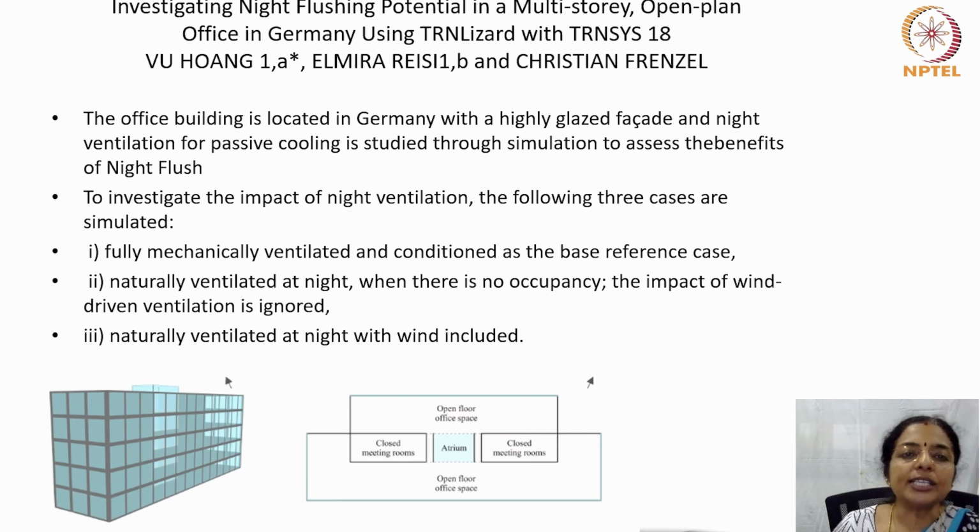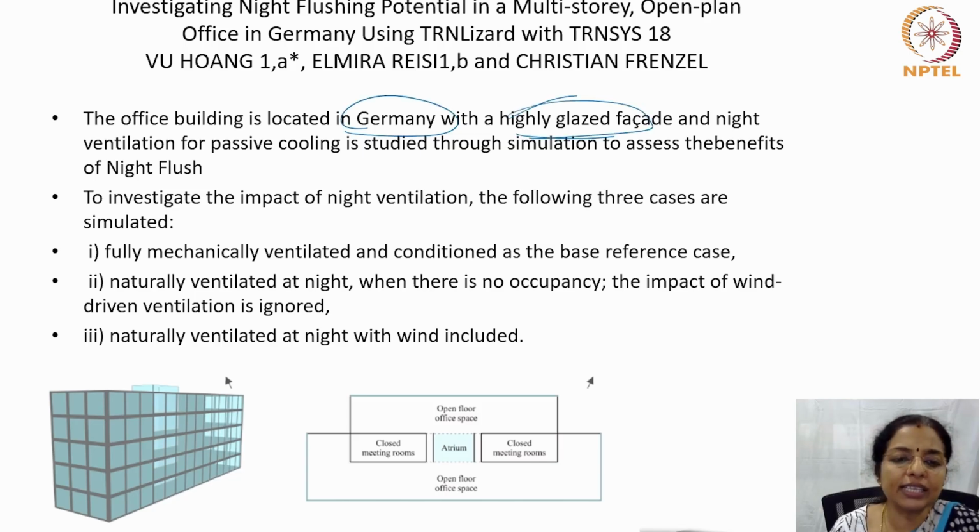Now let us look at a study that was done by Wu Hong and his colleagues on investigating night flushing potential in a multi-storied open plan office in Germany using Trnlizard with TRNSYS 18. This office building was assumed to be located in Germany with a high facade glazing.